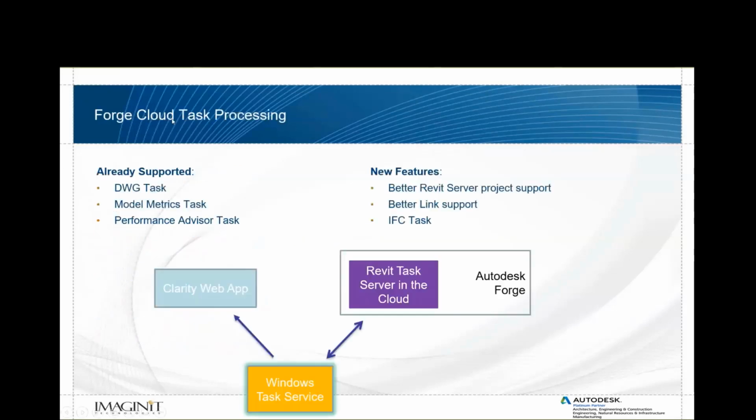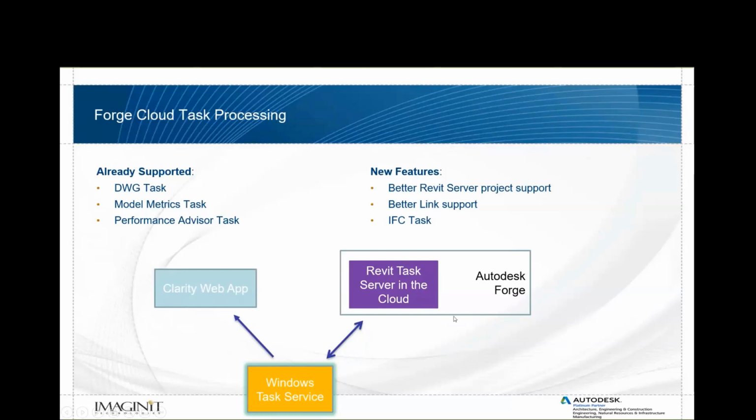Forge Cloud Task Processing. This is something that we added in the last release, I believe, 2020.0. And the concept is that now that Autodesk has a design automation component of Forge, we have the ability to send Revit models up to the cloud and do work on them in the cloud.